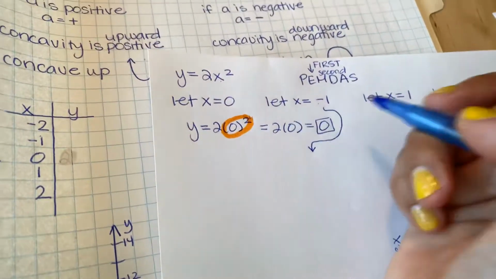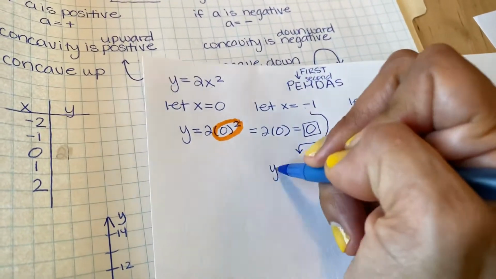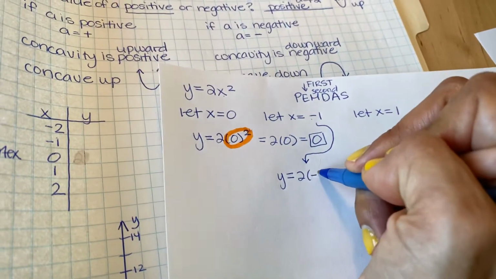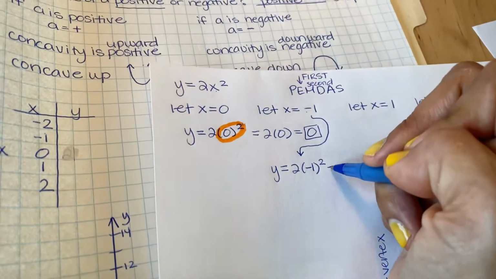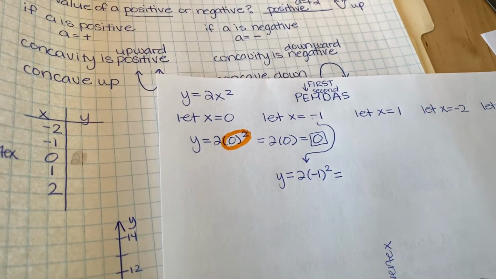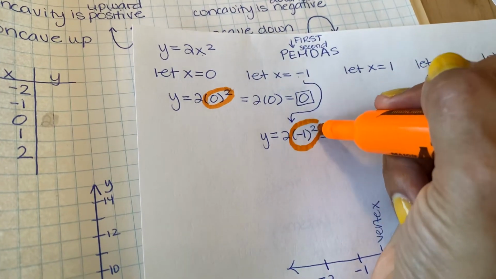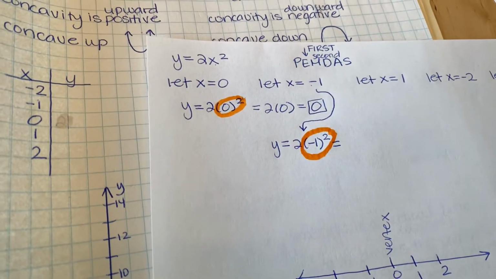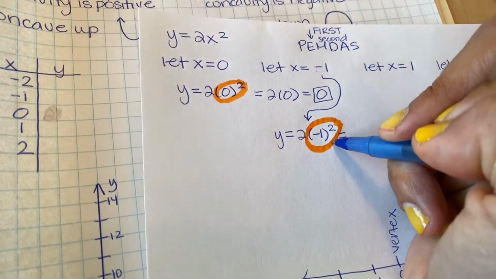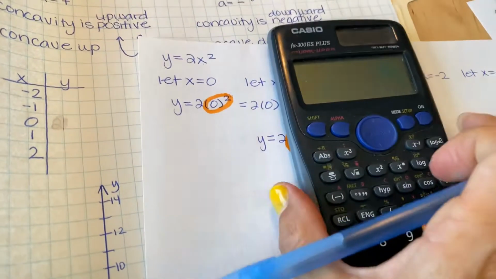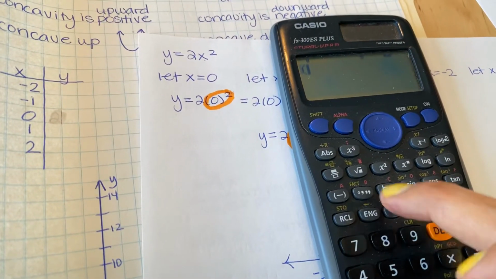All right, let x equal negative 1. So y is equal to 2 times negative 1 squared. Again, order of operations, we do the exponent first. So first square. What is negative 1 squared? It doesn't mean doubled.